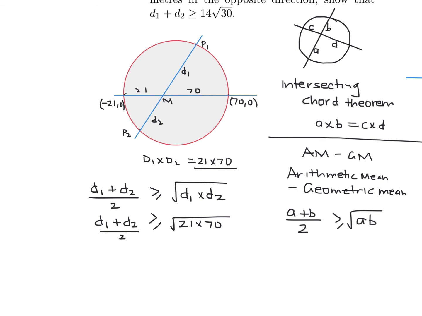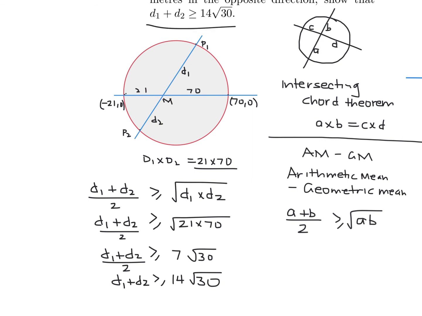And then 21 times 70 under the root is 7 root 30, so that is d1 plus d2 over 2. And then if you just multiply both sides by 2, we get d1 plus d2 is greater than or equal to 14 root 30. And there you go. That's exactly what they wanted you to show.